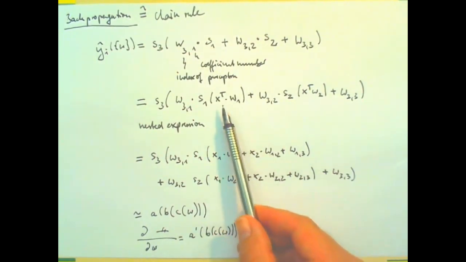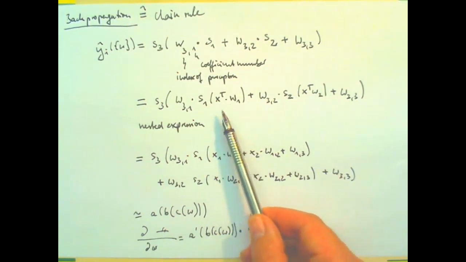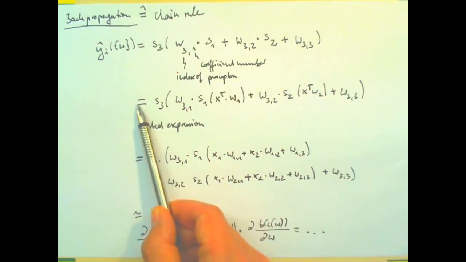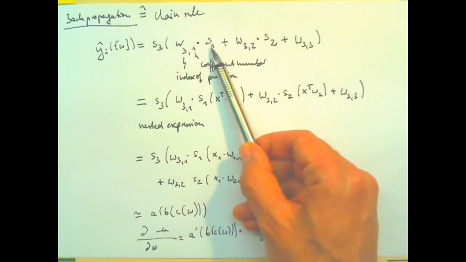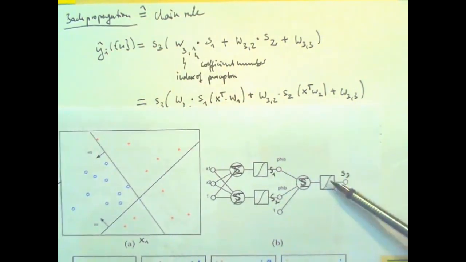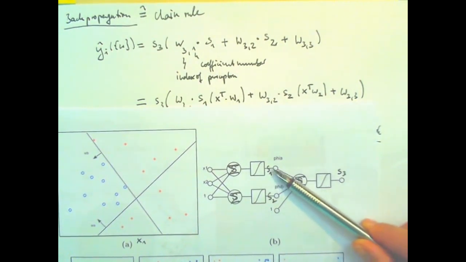Why did I write that above? Why is that an equality here? This was an abbreviation. I just wanted to say this last perceptron here takes as input the output of the first perceptron.